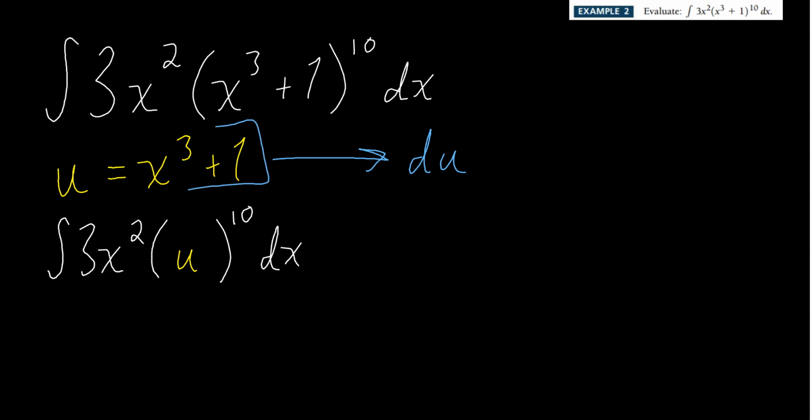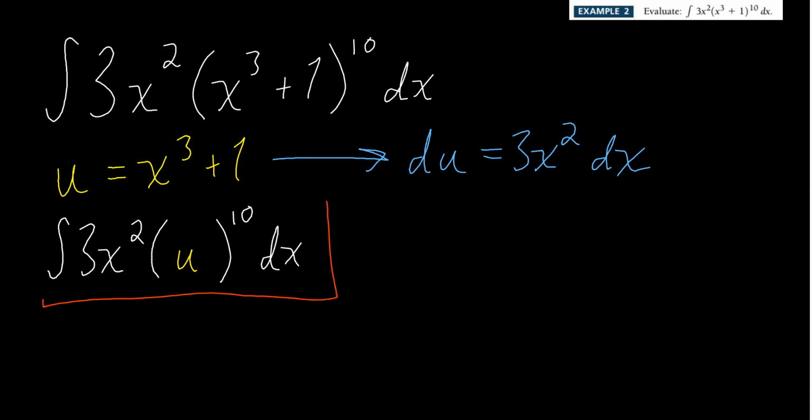What's the derivative of the right side here? Well, x cubed. The derivative of x cubed is 3x squared, and then of course plus 1 doesn't have a derivative, and then we say dx. Okay. So now that I look at my new equation down here, what needs to change so I can get all u's?